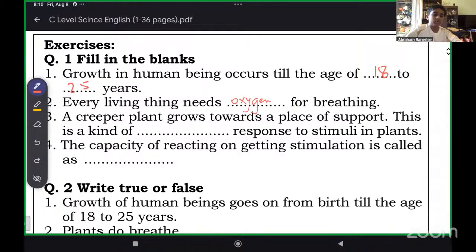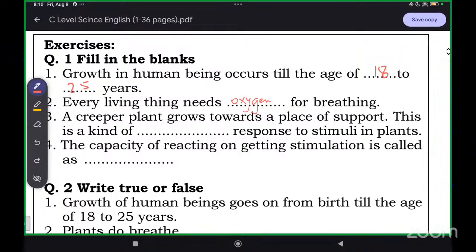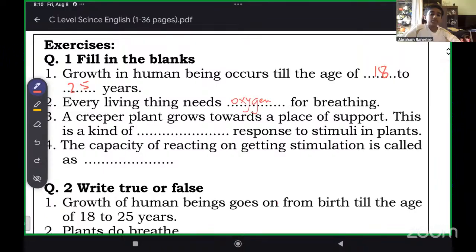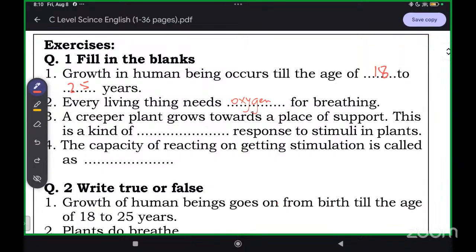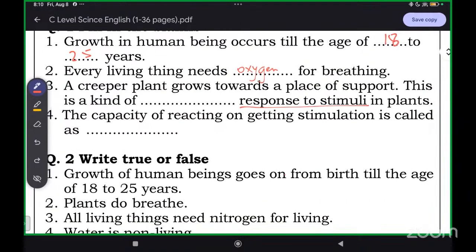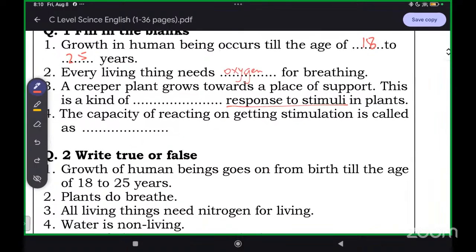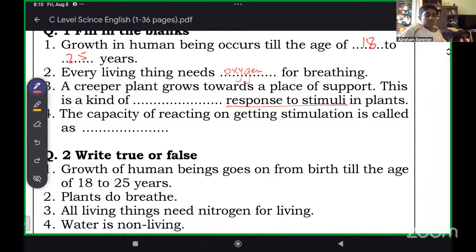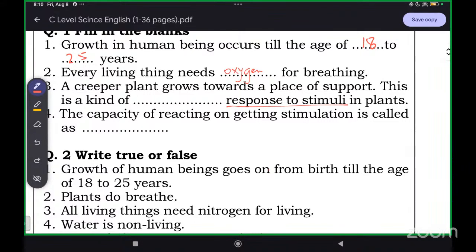It should either be cut out, response to stimuli in plants, or cut out stimuli. Yes, yes. The capacity of reacting on getting stimulation is called as response to stimuli. Yes, response to stimuli.